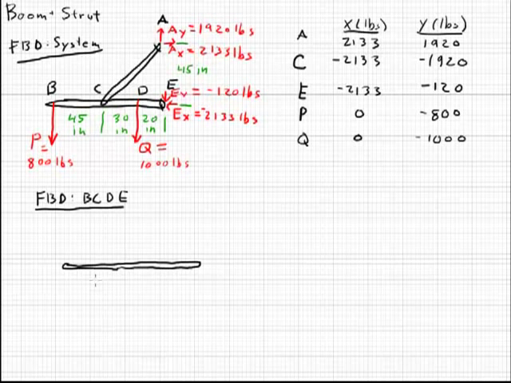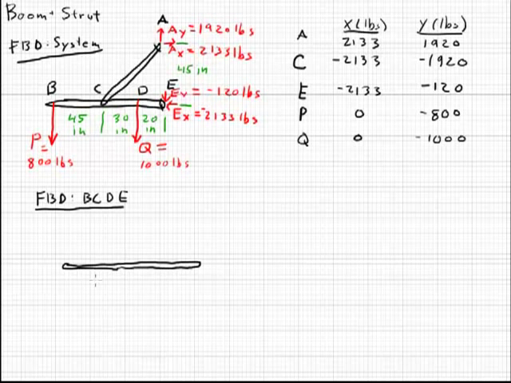Now notice how I've made a force summary diagram up here. It should be more complete, showing the full magnitude of the forces, but for now I'm just going to put the X and Y. This will help us when filling this out for the free body diagram of BCDE. Also note, though, that joint C is an internal joint. It doesn't show on the system as having any forces on it.